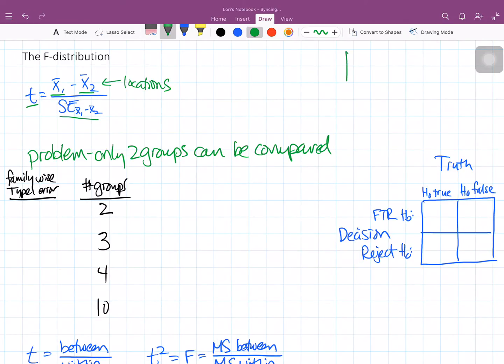Remember how we drew that graph and we said group 1 and group 2. We plotted out all of those points. Here's my x bar 1 and here's my x bar 2. And so really this top piece is showing me that I have a difference between the locations, in other words on this continuous scale, between those two groups, between group 1 and group 2.